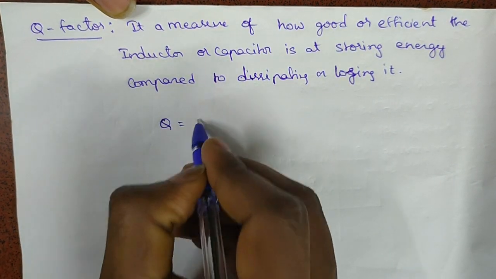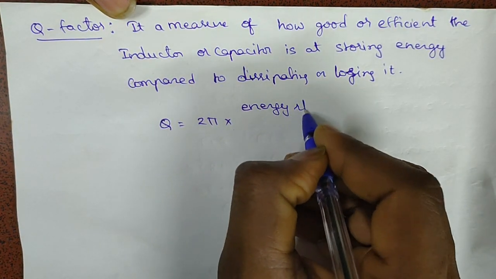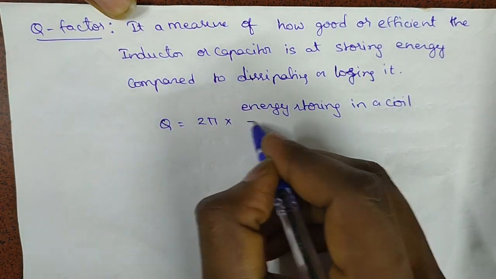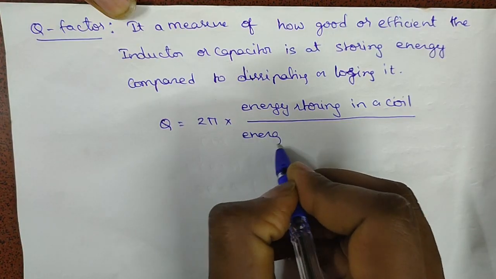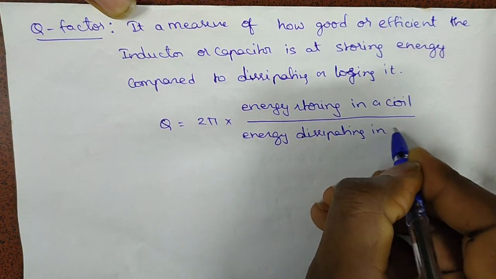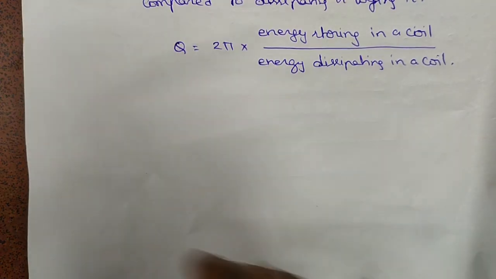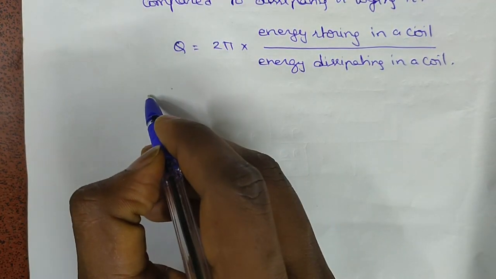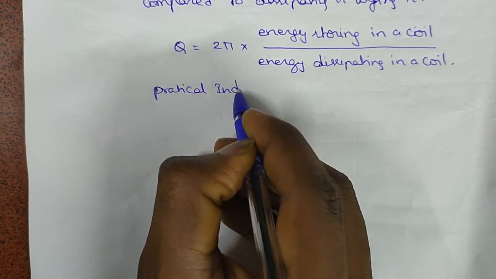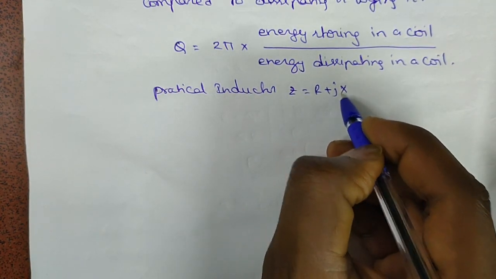Formula for Q will be 2 pi into energy stored in a coil divided by energy dissipated in a coil. A practical inductor has Z equal to R plus j XL.